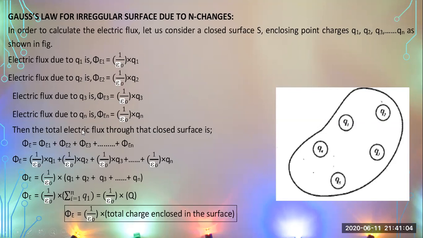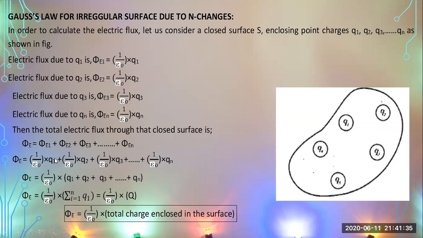So the total electric flux through that closed surface will be phi E, that is equal to phi E1 plus phi E2 plus phi E3 plus up to phi En, the electric flux due to the nth charge. So if you read it, that is the total amount of flux flowing through the irregular surface. It is equal to the electric flux due to charge 1, charge 2, charge 3, and up to charge n.